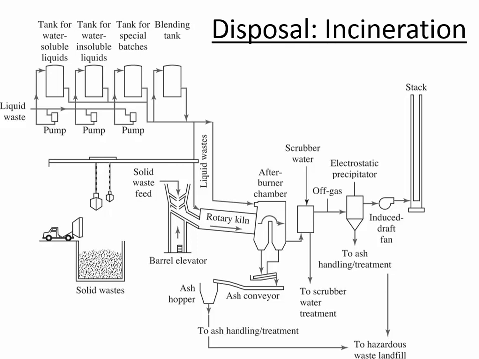Because incomplete combustion is what really causes smoke, and there are some contaminants that have a very high burning point, and so we're talking like more than 1,000 degrees would be a typical temperature within the afterburner.